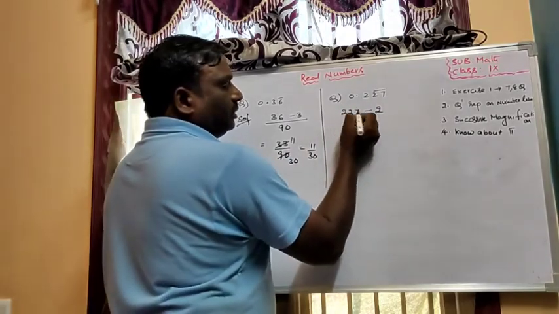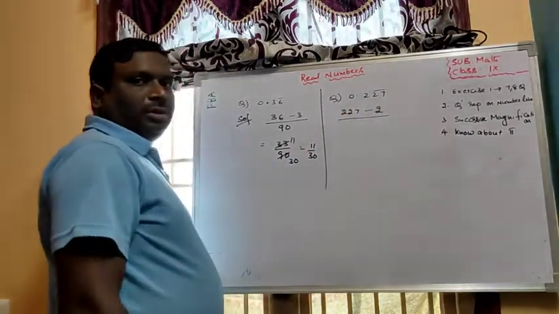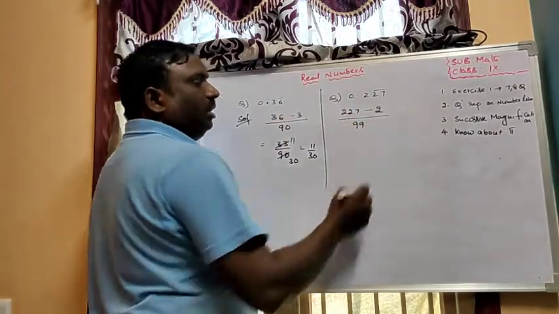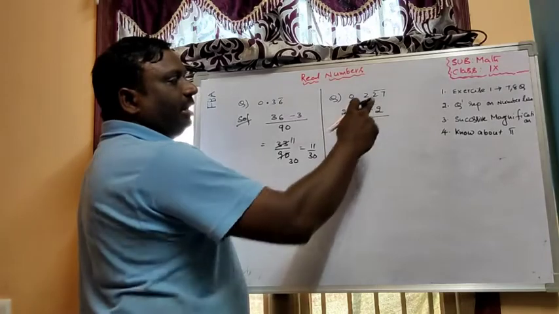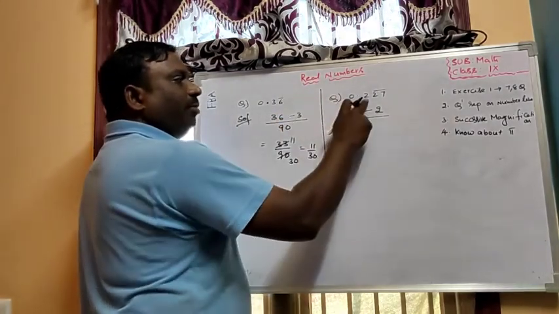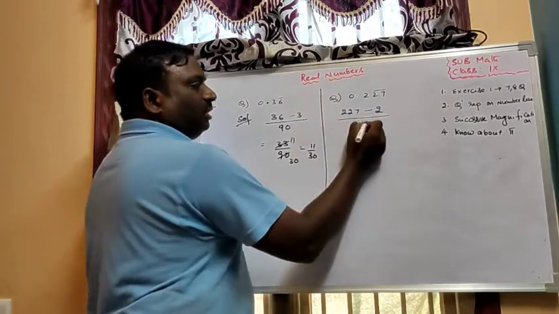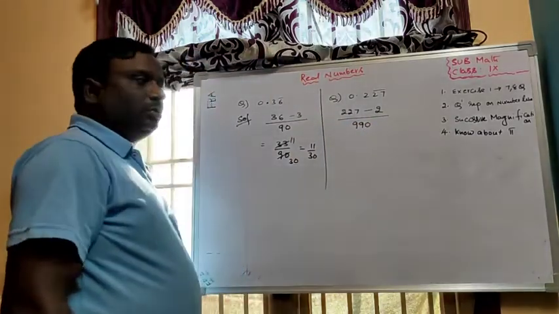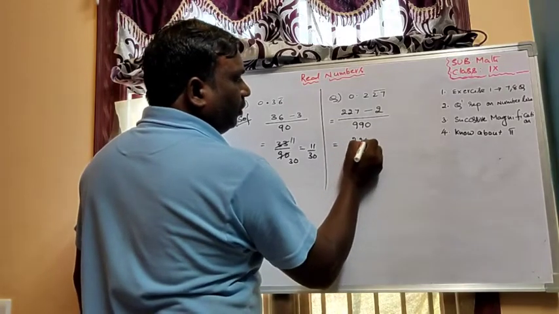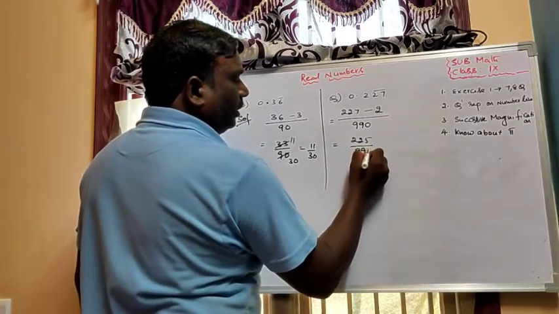So 227 by: the recurring digits are 2, so write two 9s, followed by the number of non-recurring digits, only 1, that's why 10. So 227 minus 2 means 225 by 990.